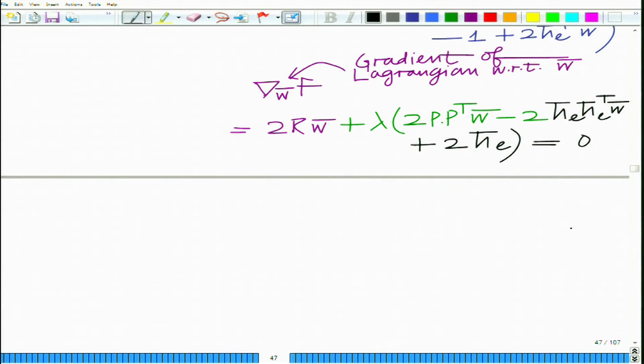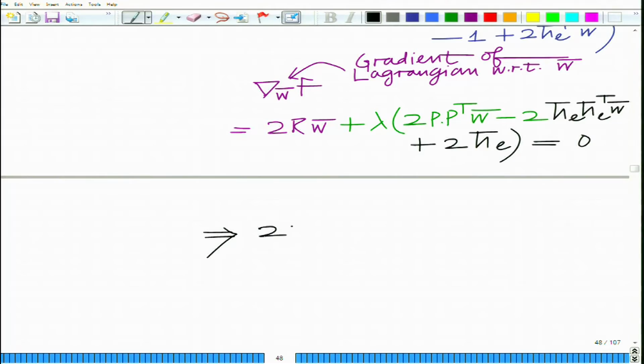And now if you simplify this, this basically implies, now setting it equal to 0, considering the gradient of the Lagrangian with respect to W bar, and we are equating this to 0. Now if you solve this, this will be twice R W bar, the factor of 2 will cancel, so you can remove this factor of 2.